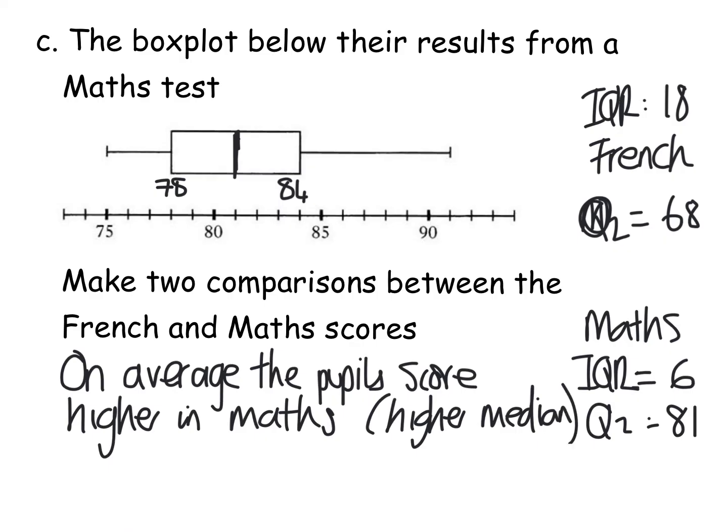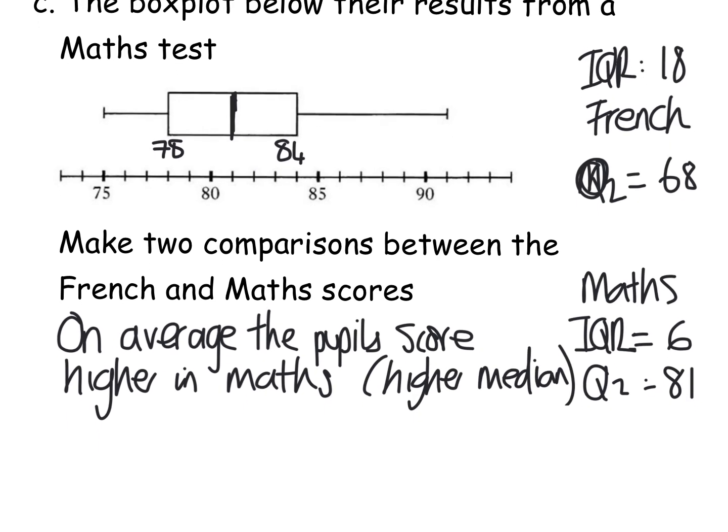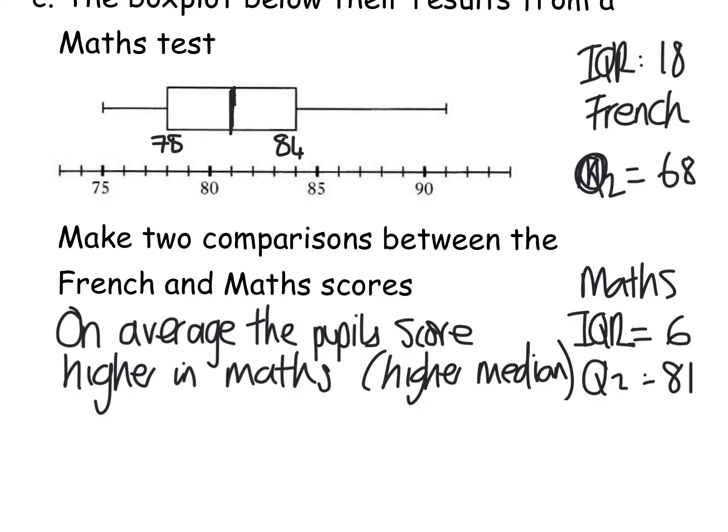So that's sentence 1. Sentence 2 has to look at the interquartile range, which is talking about the spread of the data. So the interquartile range for French was 18, but in maths it was only 6. So the maths interquartile range is a lot lower, so they are less varied. Listen to the alliteration, lower, less varied. So let's put that in a sentence.